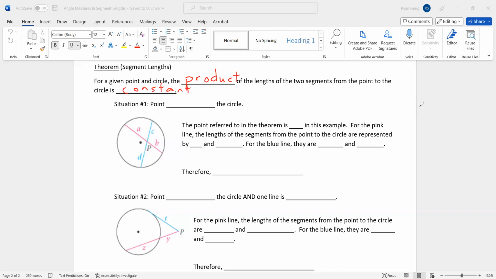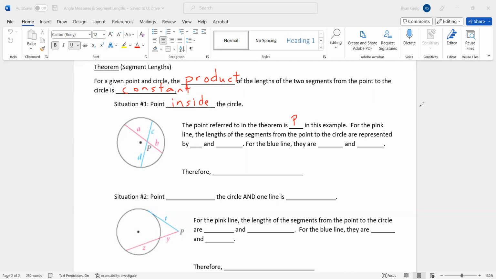Okay. So I've got, again, like on the front, I have a few situations here. Situation number one is the point is inside the circle. The point referred to in the theorem is point P in this example.